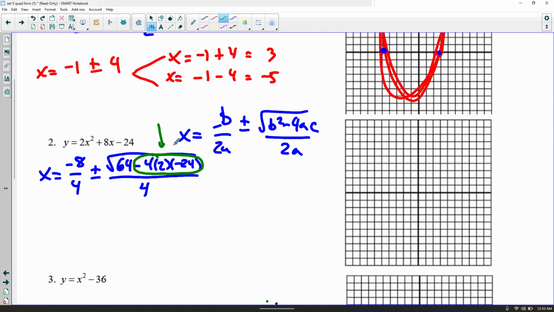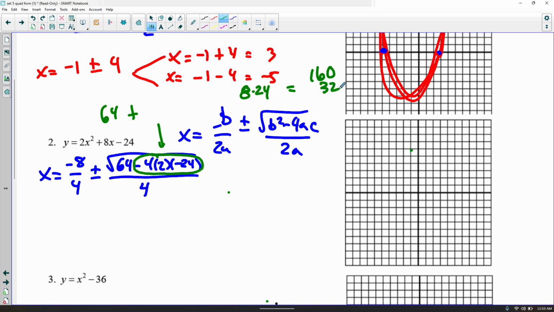Anybody know what negative times a negative is? Yeah, that's a positive. So it's 64 plus, and then we got to do 8 times 24. What is 8 times 24? You know what 8 times 20 is? 160. And what is 8 times 4? 32.